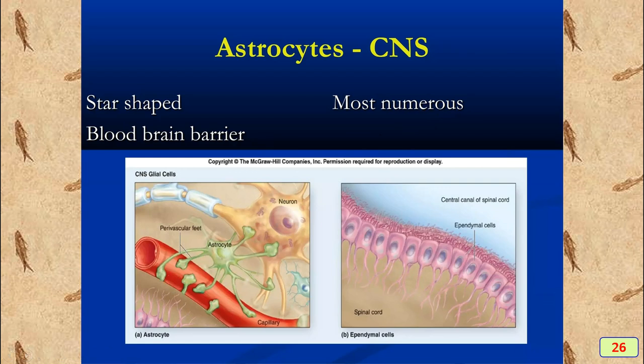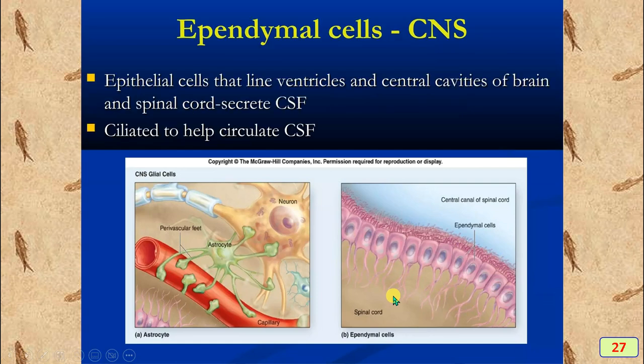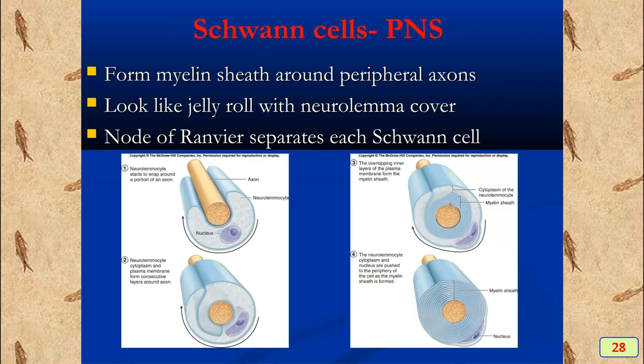So the astrocytes are the ones surrounding the capillary endothelial cells, and the central canal of the spinal cord and ependymal cells can be seen here, ciliated to help circulate the cerebrospinal fluid.